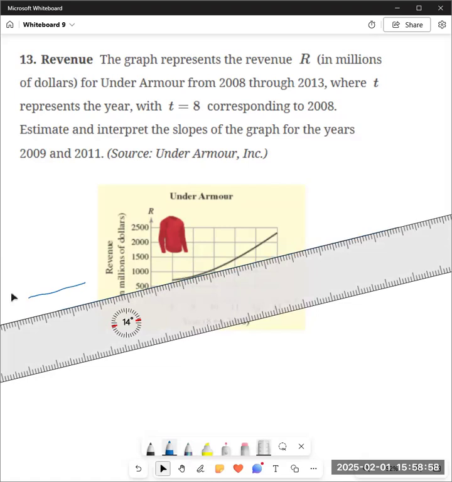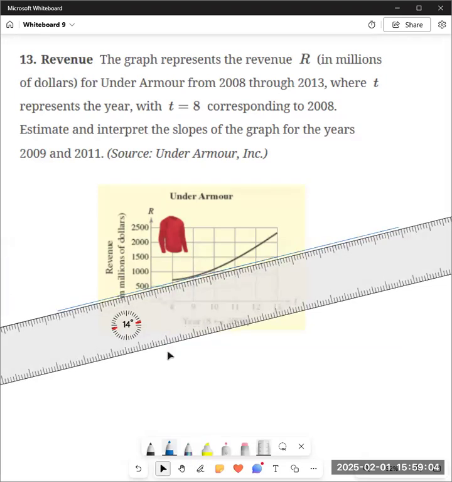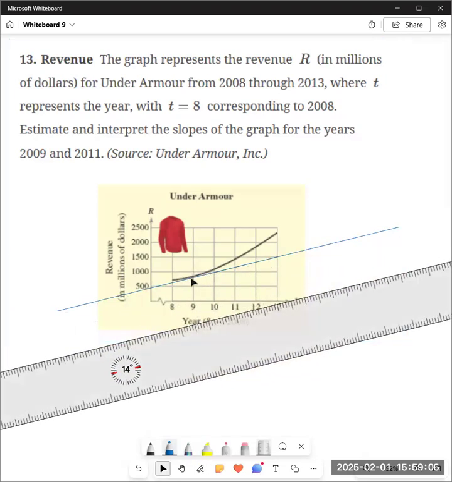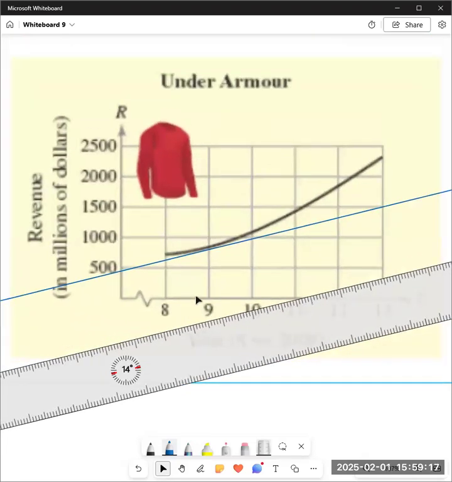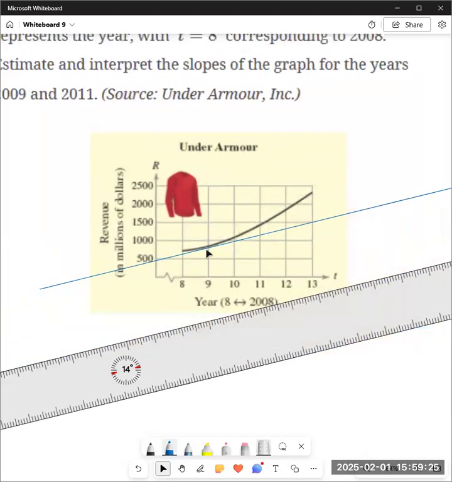All right, so there we go. That's my best representation of my tangent line. At 9, it looks like it's going to go through 9 and maybe that's about 800, I think.